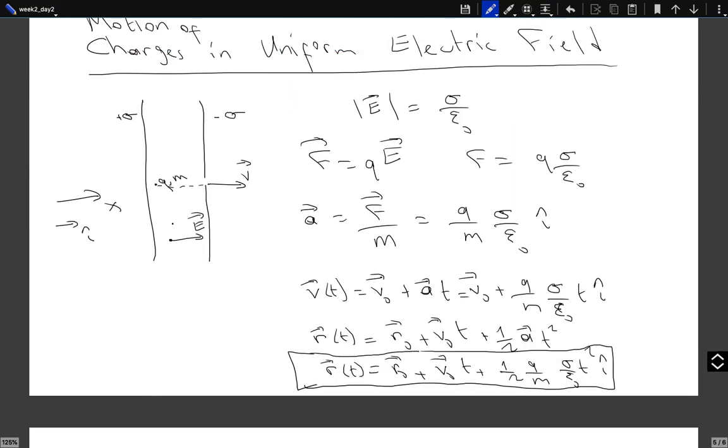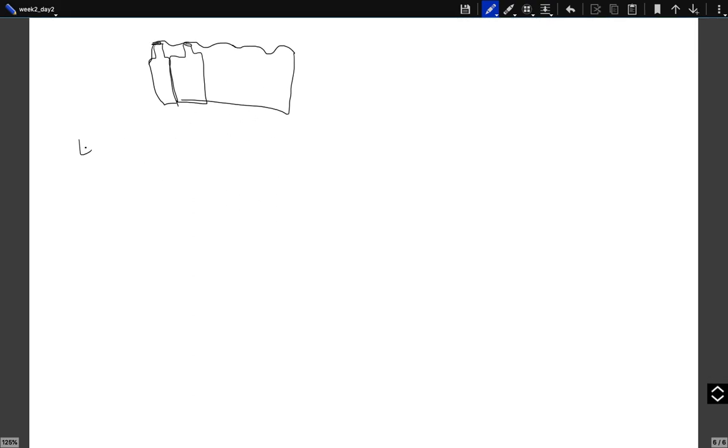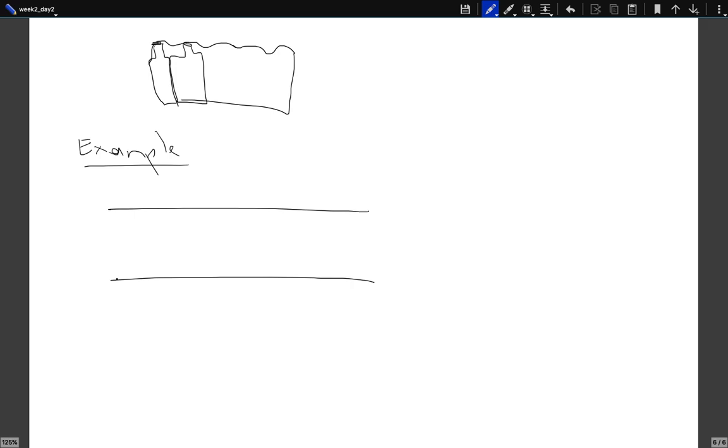Now, another possible motion would be, well, instead of sending it horizontally, perpendicular to the plates, you can just send it horizontally between them. Essentially, it's exactly the same problem. It's plus sigma, minus sigma.